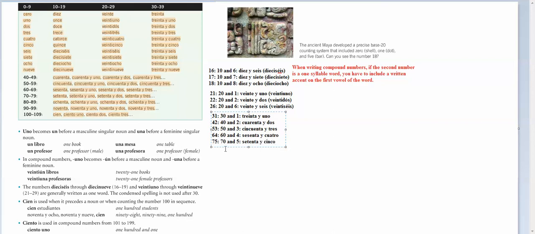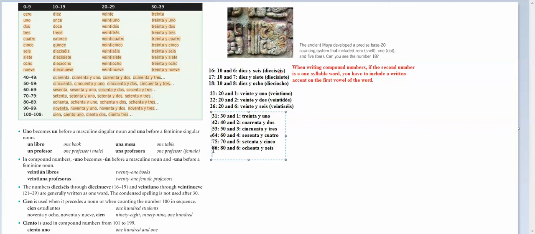So if we look over here, 70s are 70, 71, 72, 73. And the same thing happens with the 80s. So if I want to do 86, I'm going to have 80 and 6, which is 86. And then again, the same thing with 80, 81, 82, 83.